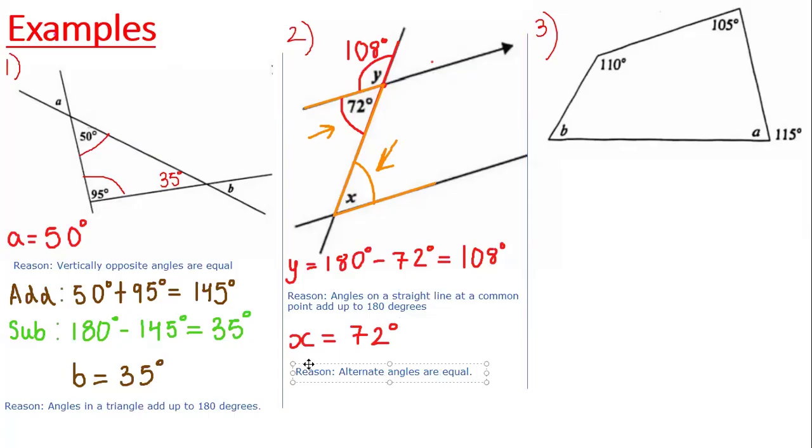They form a Z shape. That's the reason. So as you can see, this 72 and angle X are within the same Z, so they form the Z shape, so X is equal to 72 degrees. That's the answer here.